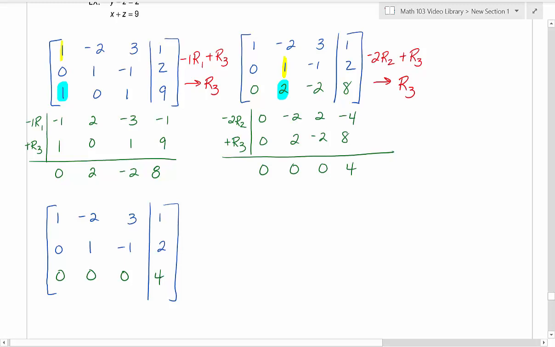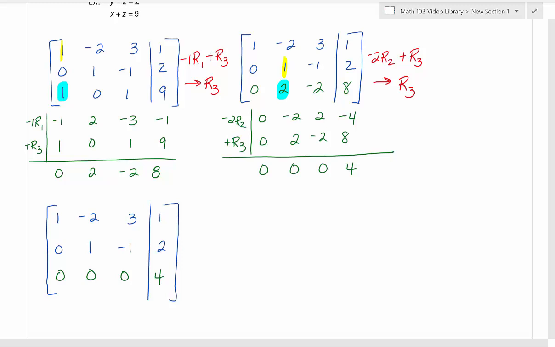Is our matrix in row echelon form yet? Gaussian elimination says we should now get a leading 1, third row, third column, but wait a minute, there's a 0 there. So let's see, is this in row echelon form? Let's go through our 4 characteristics. Characteristic number 1 says if there's a 0 row, it's at the bottom. We do have a 0 row, and it is at the bottom.